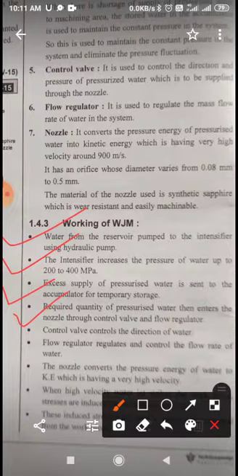The required quantity of pressurized water then enters the nozzle through the control valve and flow regulator. The control valve controls the direction of water. The flow regulator regulates and controls the flow rate of the water.